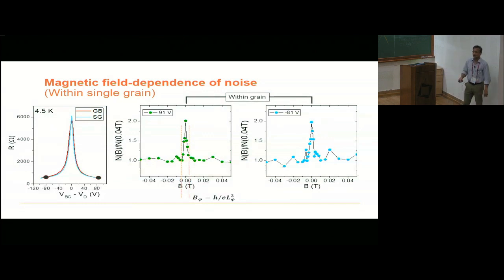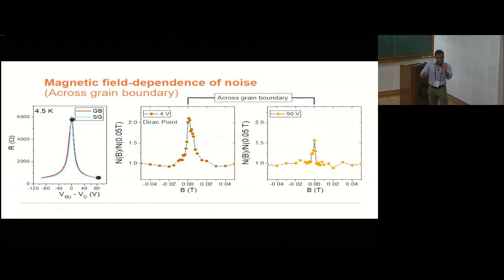The situation changes completely if you do the same experiment on the same device, but across the grain boundary. Here is the result. You can see if I take, at the Dirac point, the noise as a function of magnetic field, there is a factor of 2 reduction, but note something very interesting.